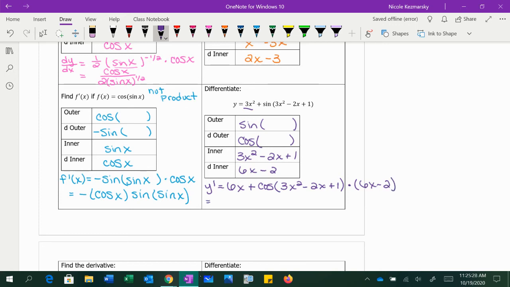So I can write this as 6x plus, I'm going to put the 6x minus 2 out front, and then cosine of 3x squared minus 2x plus 1. So I treated them almost as if they were two different problems and then merged them when I finally put the end together.